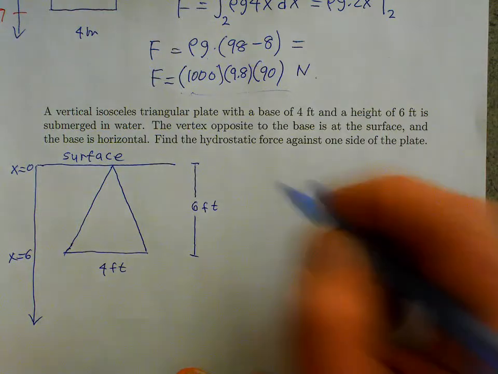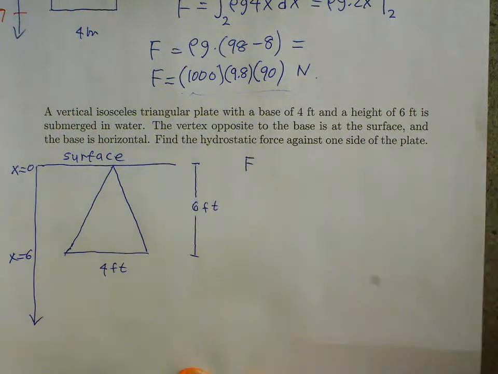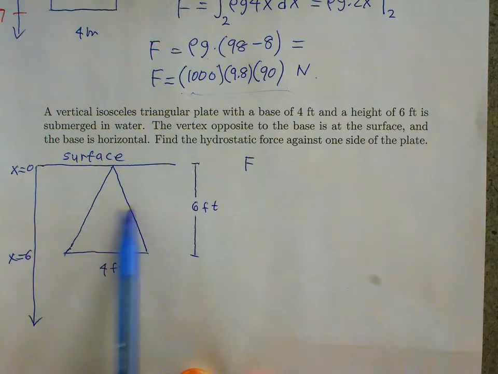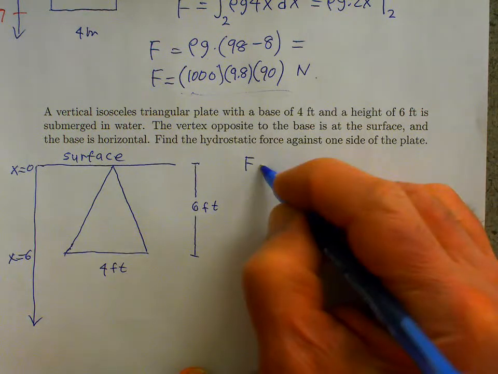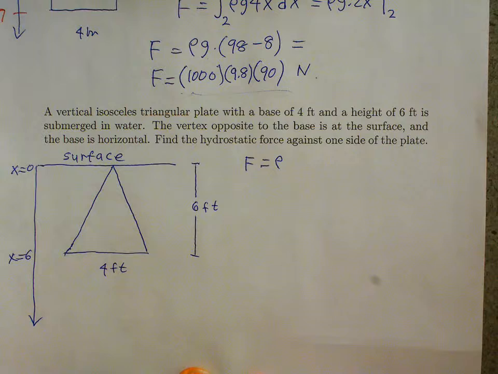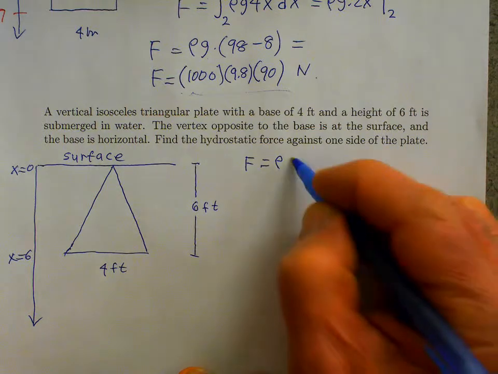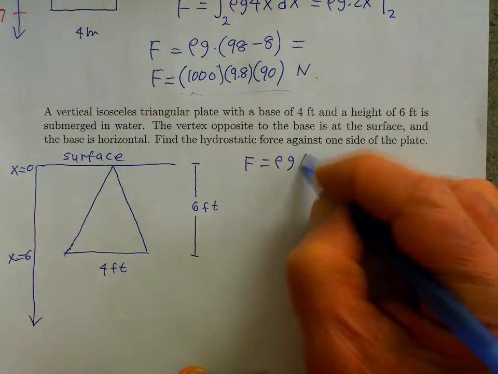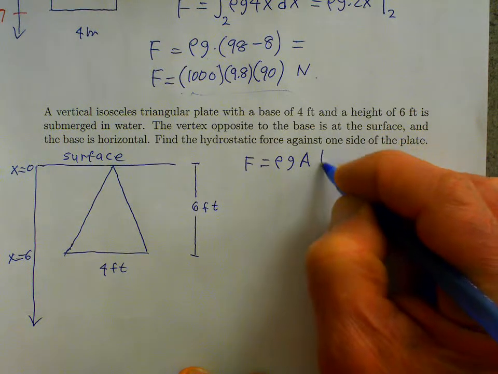so we're trying to find, for a subinterval, the hydrostatic force on a rectangle. So force is rho times g times the area of the rectangle times the depth.